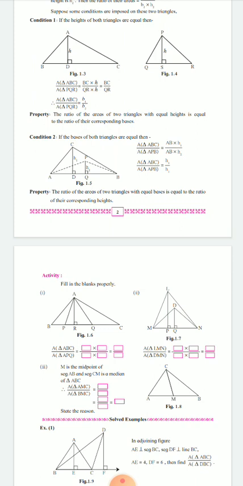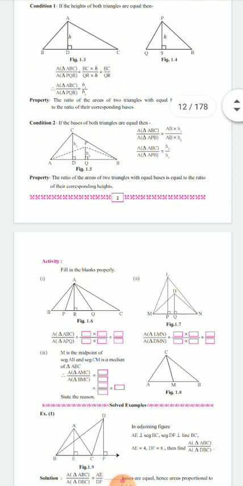So here again you will have to use the second most important property. The properties are given so that you can use them directly, also while proving some theorems. According to the second property, if the base is common for both triangles, then the ratio of the areas of the two triangles is nothing but the ratio of their corresponding heights. So we will get LP upon DQ here.